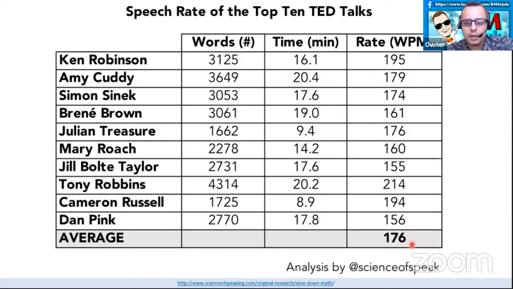The average speech of the 10 top talks in TED Talks is 176 words per minute. I think I speak about 180, 190. I'm quite fast. So it's good to have that benchmark. Like, for example, a 3,000 word essay. One of the reasons they give you 20 minutes is they expect you to speak on average about 150 words per minute.